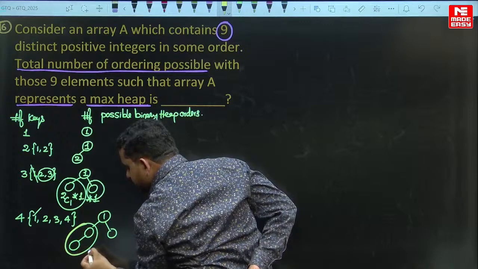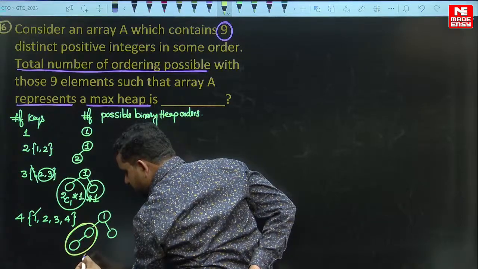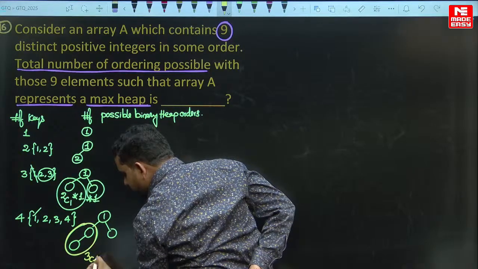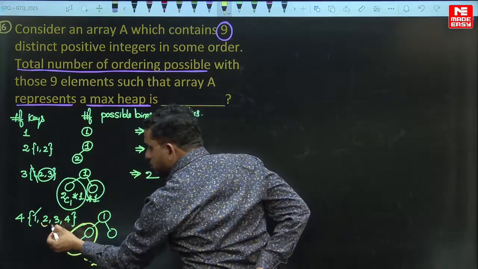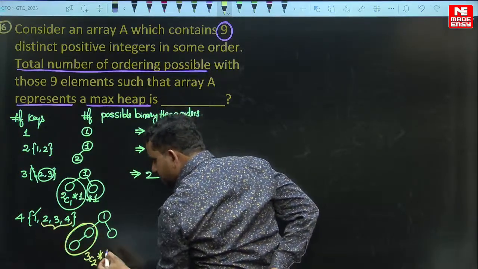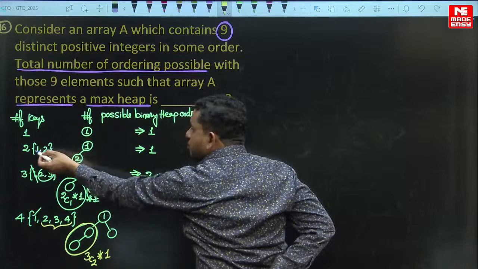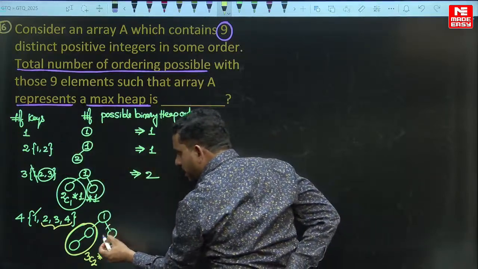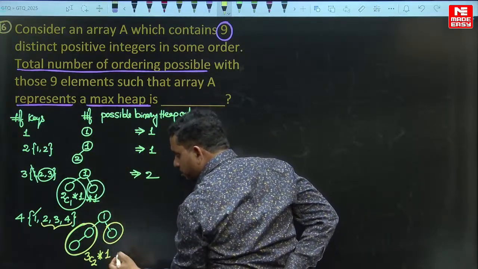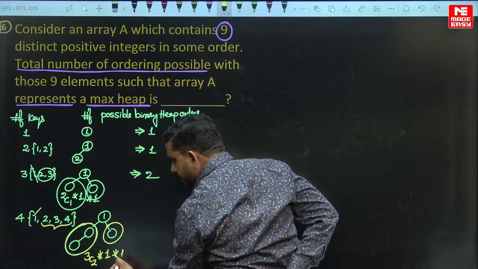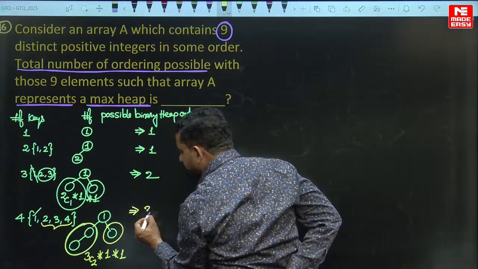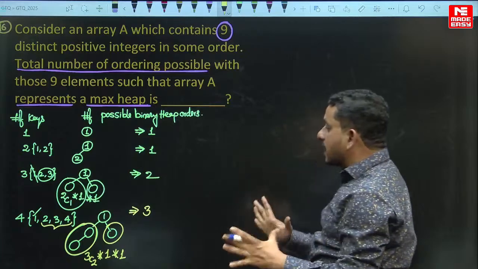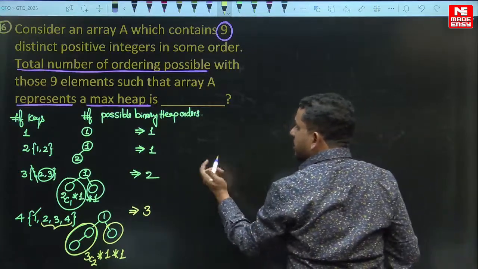Out of three keys you can choose any two keys here, that is 3C2 ways. Among those two keys, one min heap only, and the remaining one key means one min heap only. So total possible min heaps are 3. Like this you can calculate.